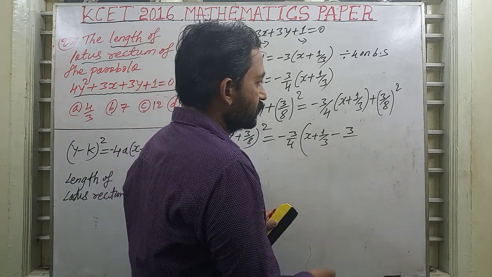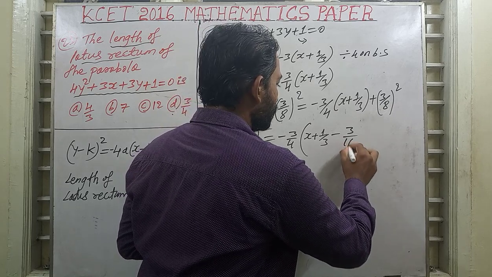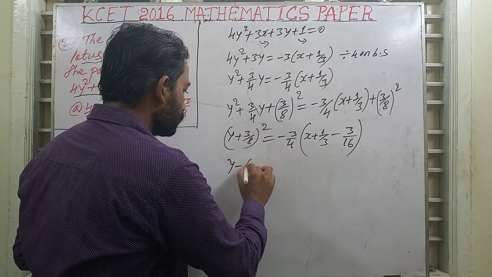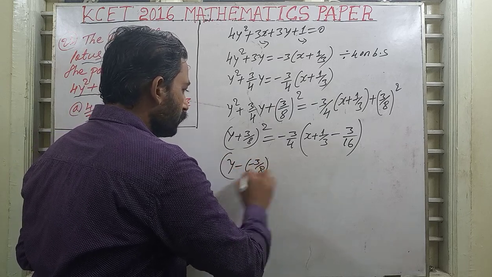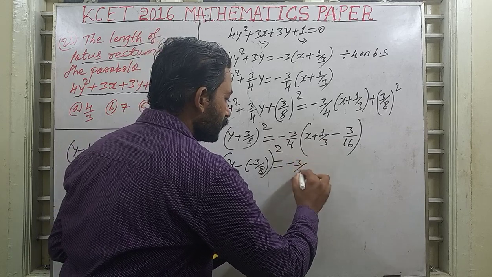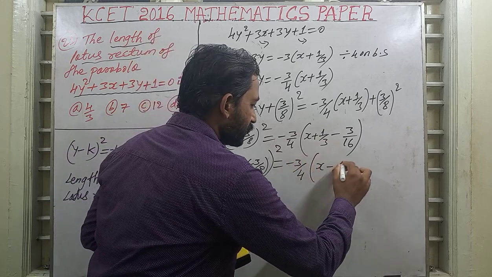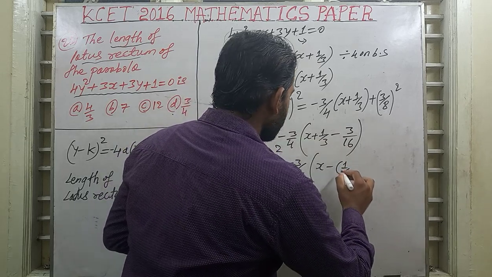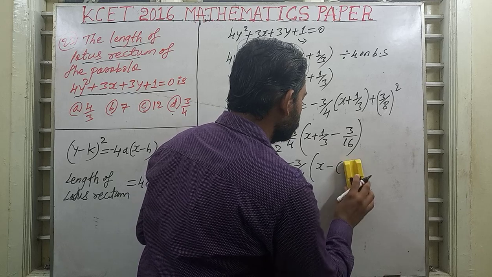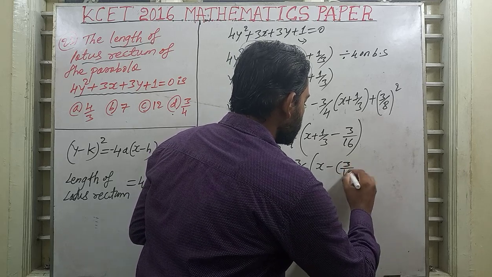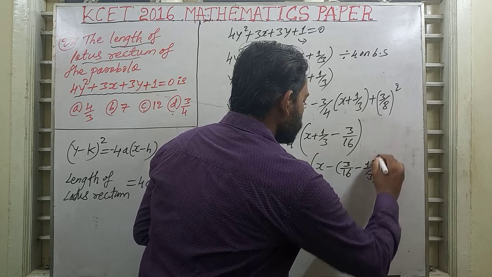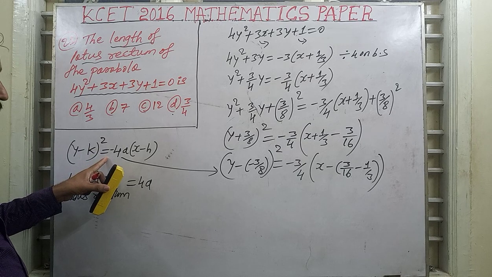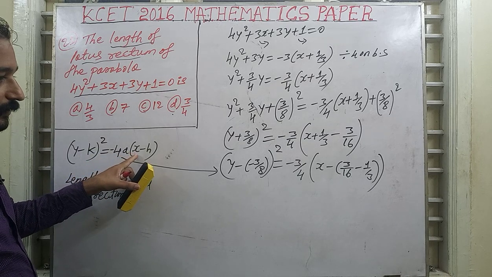So it is converted into this type: (y minus of minus 3 by 8) whole square is equal to minus 3 by 4 into (x minus (1 by 3 plus minus into minus 3 by 16)), that is 3 by 16 minus 1 by 3. So it is in the form (y minus k) whole square is equal to minus 4a into (x minus h).